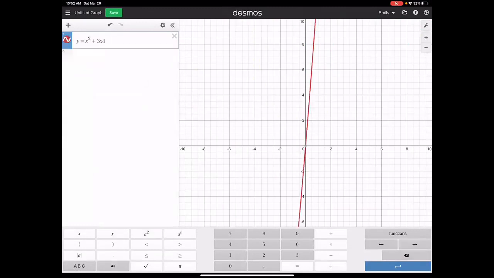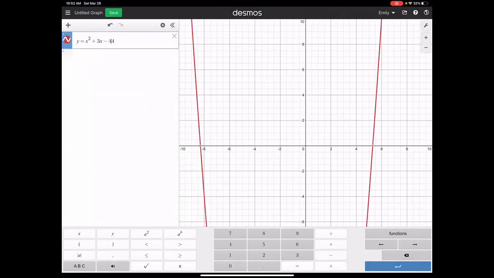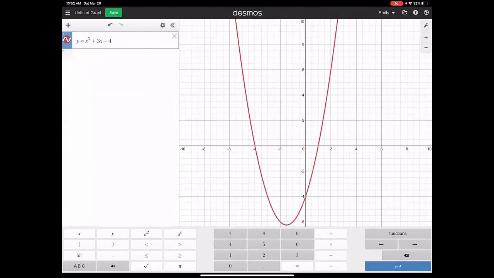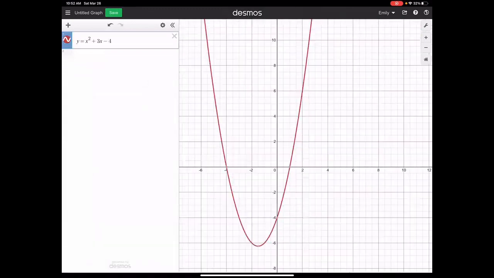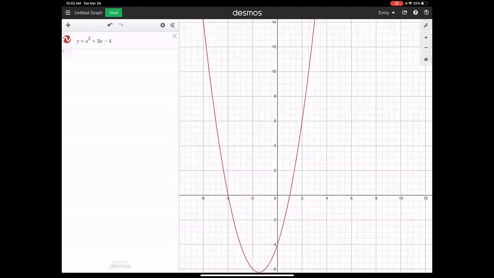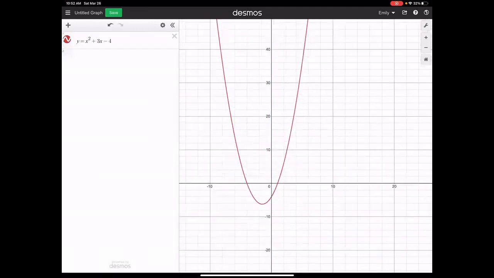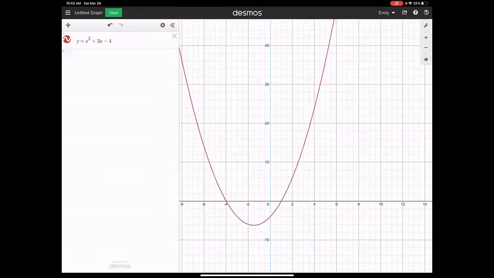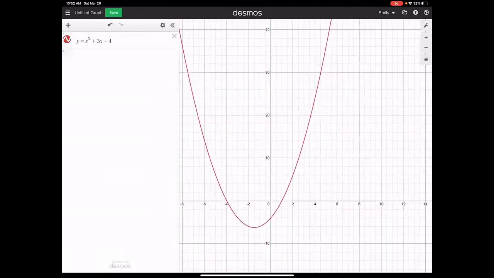Oh, that's not what I meant, minus 4. Okay, and we are looking at the interval from 0 to 4. All right, let's do this. And let's take a picture.